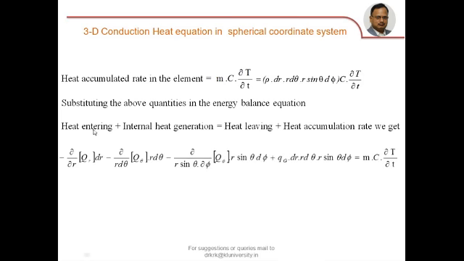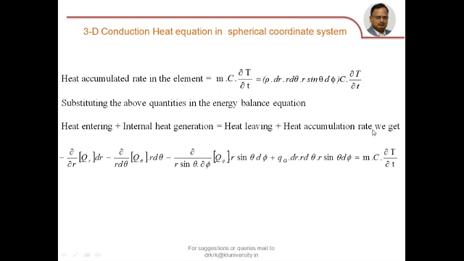Now writing the energy balance equation, we have heat entering into the element plus internal heat generation is equal to heat leaving from the element and heat accumulation rate within the element.